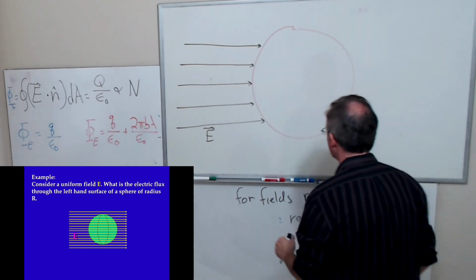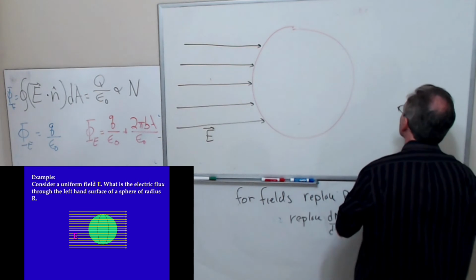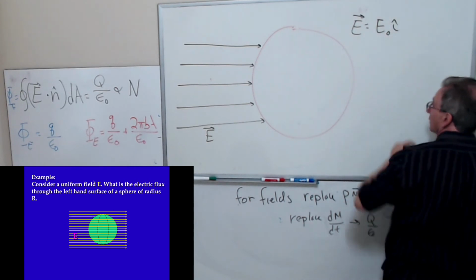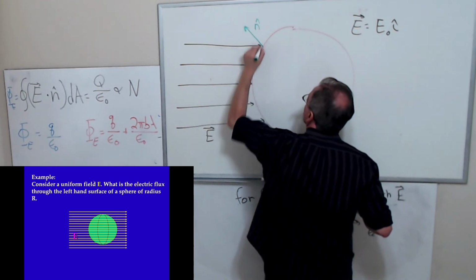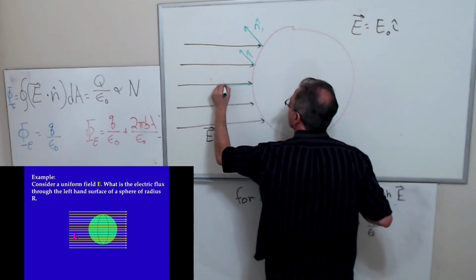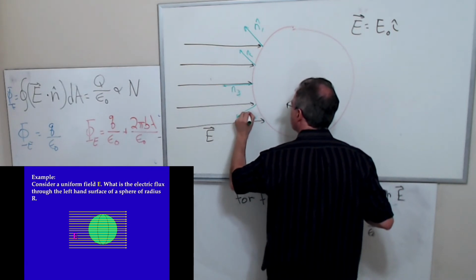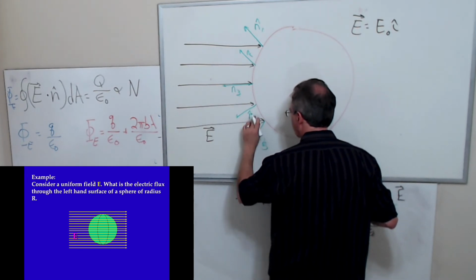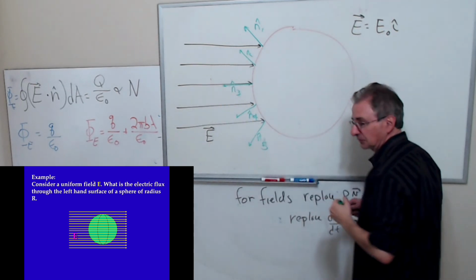Boy, that's going to be hard, because the electric field is just E. Let's say it's in the x direction. Let's just say E can be written this way. But then the normal to the surface changes all the way around the sphere.